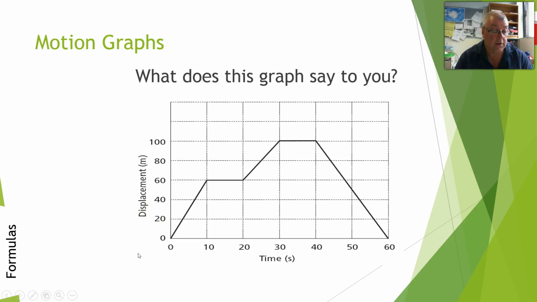My interpretation of it is, because it's a displacement time graph, anywhere that's a slope gives us a velocity. Anywhere where there's no slope, it means it's stationary. So we have stationary there and stationary there. We have it moving with a constant velocity there, and a constant velocity there. But notice that these slopes are not the same, and therefore those velocities are not the same.